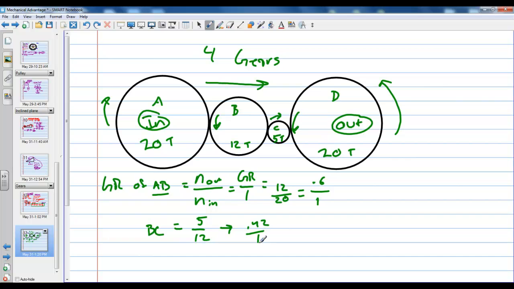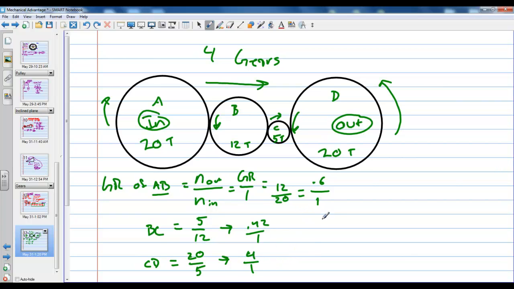And then finally C to D, what do we have? We have 20 over 5. Remember, we're doing output over input, so we're doing C to D. The output is 20 over the input of 5, and that is 4 to 1, or 4 over 1, excuse me.